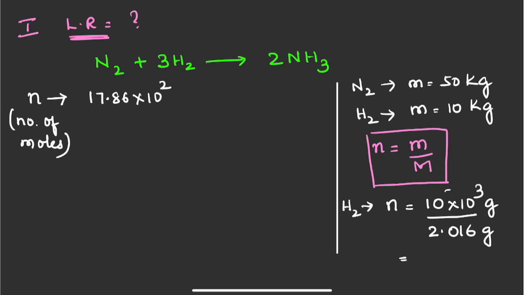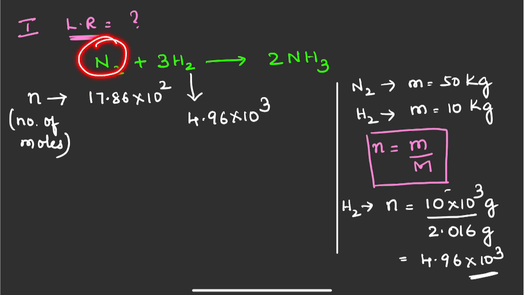When you divide this you get 4.96 into 10 to the power of 3. So for hydrogen, the number of moles is 4.96 into 10 to the power of 3. We found the number of moles for nitrogen and for hydrogen.